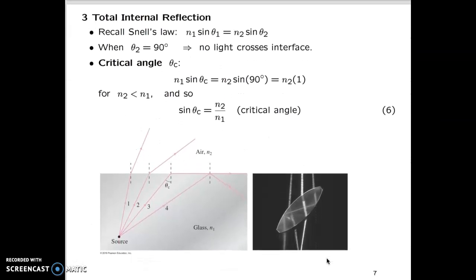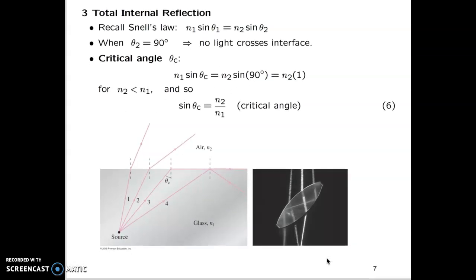Okay, moving along. Let's talk about something called total internal reflection. Let's imagine we go from one medium to another. We're shining light from one medium to another medium. Maybe the first medium, number 1, is glass, and the second medium, number 2, could be air or something like that.